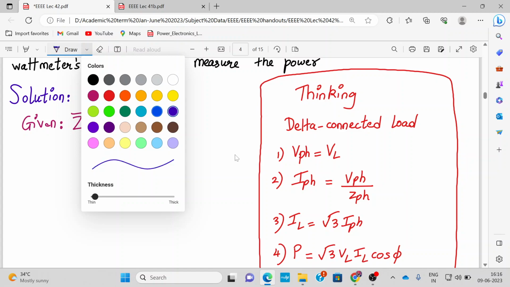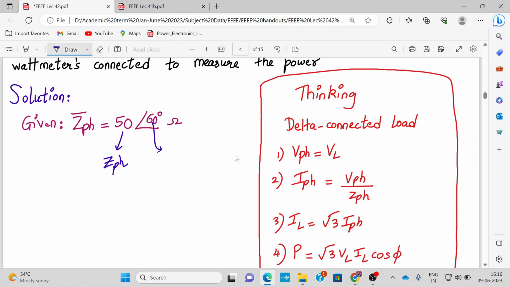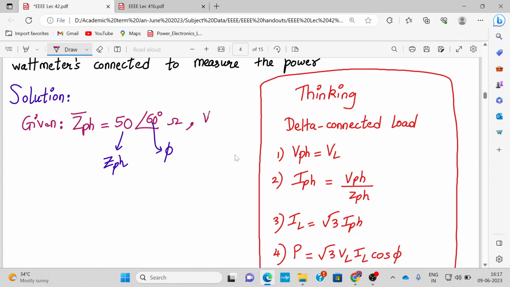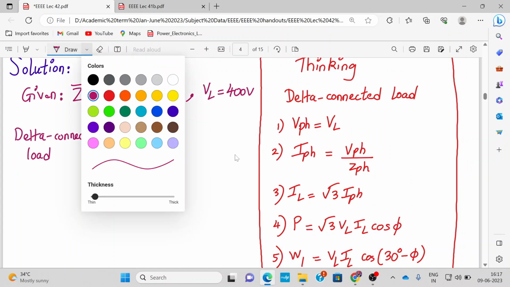So from here, this is Z phase and this is angle phi. And this is a leading, it's a positive angle. Alright, since it is also given that line voltage is 400, that is VL is 400 volt, and it's a delta connected load. So we'll write over here delta connected load. Alright, now let's start solving it.